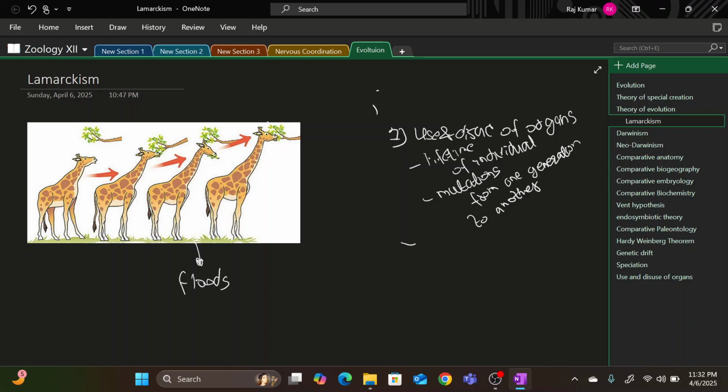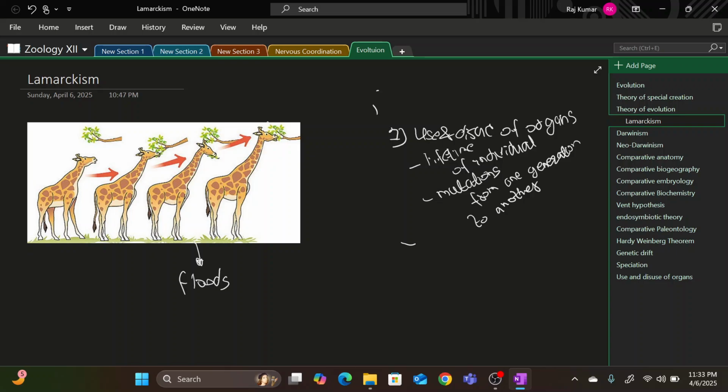Similarly, Lamarck also mentioned that if there is a blacksmith, and he uses his right hand a lot to smash the iron, then the son of that blacksmith would also have a stronger right hand than left hand, due to the mutation that happens from one generation to another.